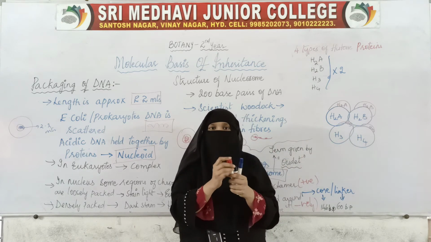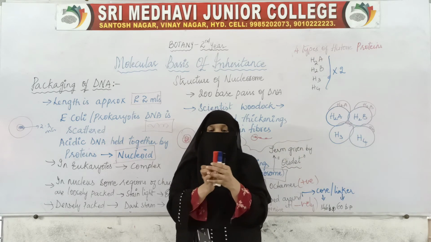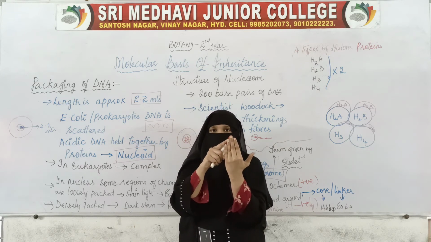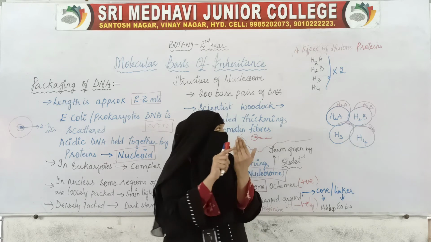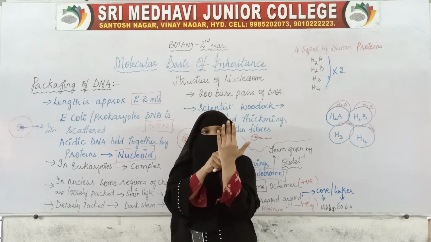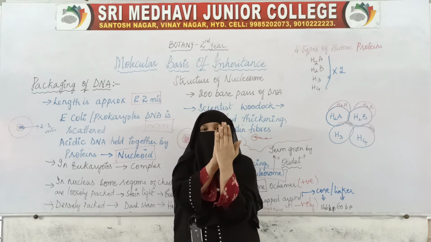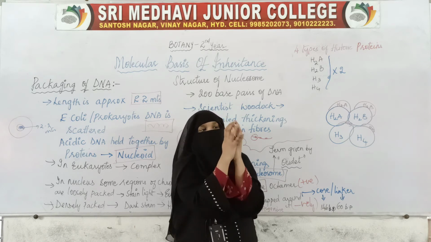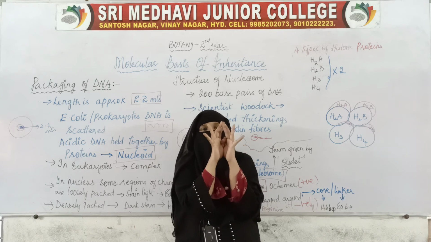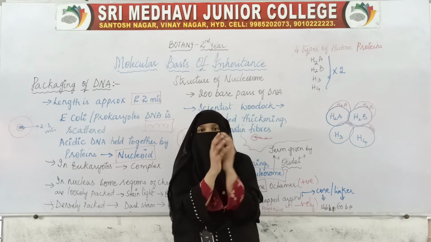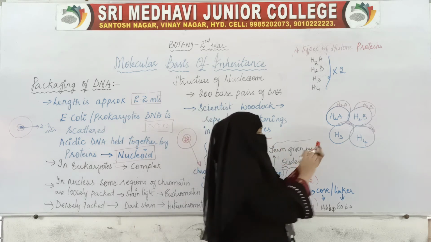For example, this is H2A, H2B, H3, H4 from the front. Now at the back also I find this: H2A, H2A, H2B, H2B, H3, H3, H4, H4. So like this, eight proteins join together and form an octamer.